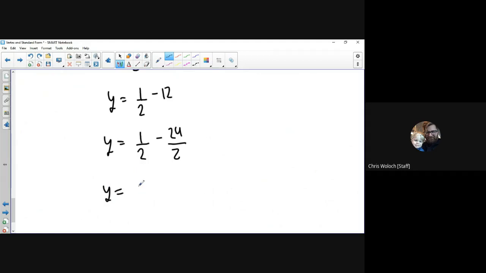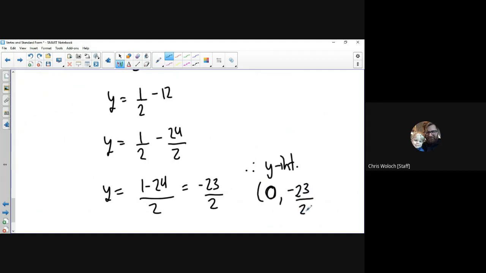And then y is going to be 1 minus 24 over 2. So this is going to be negative 23 over 2. Therefore the y-intercept is going to be 0 and negative 23 over 2. Notice I'm keeping things in their exact forms.